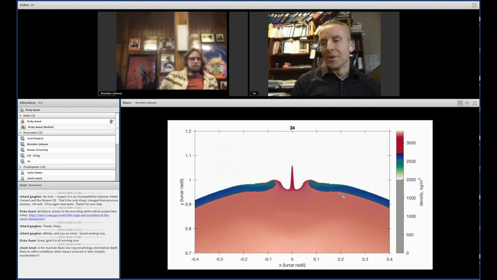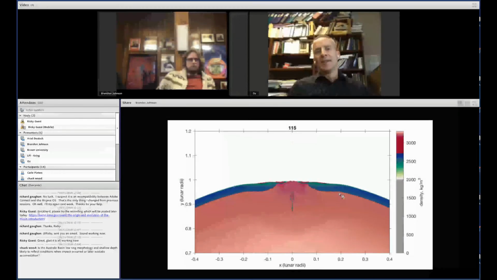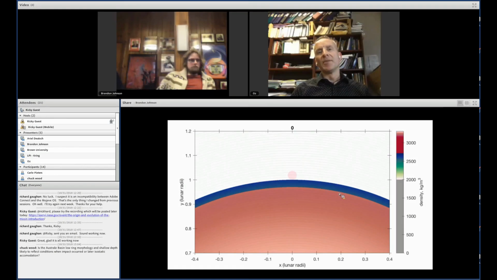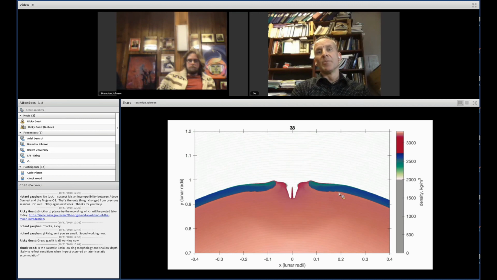Sure. Yeah. We talk about it a little bit in the review paper on impact melting that Jim shared. For this, I think it is slightly easier, we've found, because the mare deposits, the volcanic deposits, typically are more iron-rich.